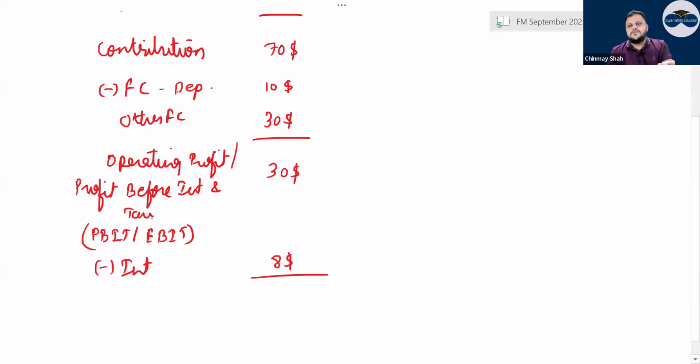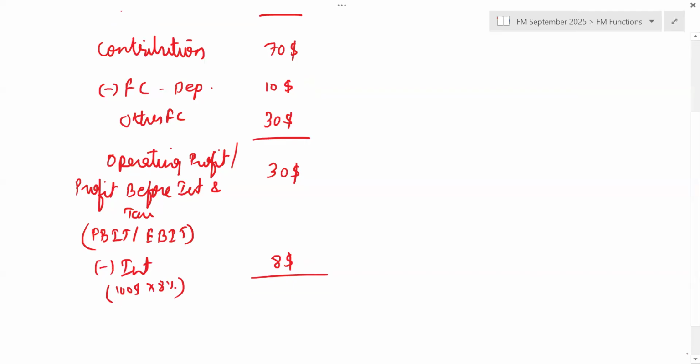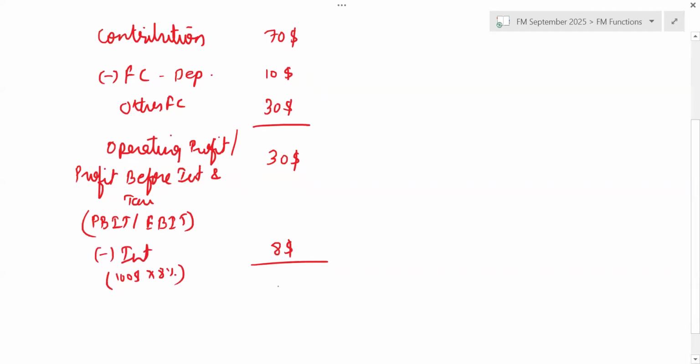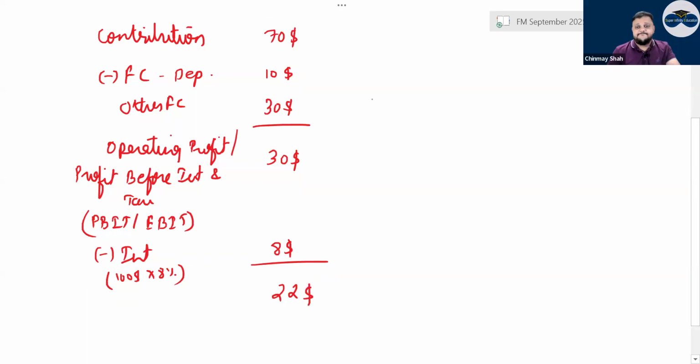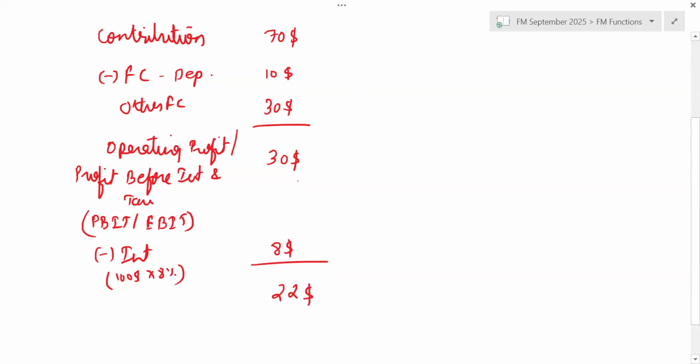Obviously, this is loan amount into interest percentage. Let's say the loan amount is $100 into 8%. So how much is left now? 22. What is this? PBT, profit before tax.